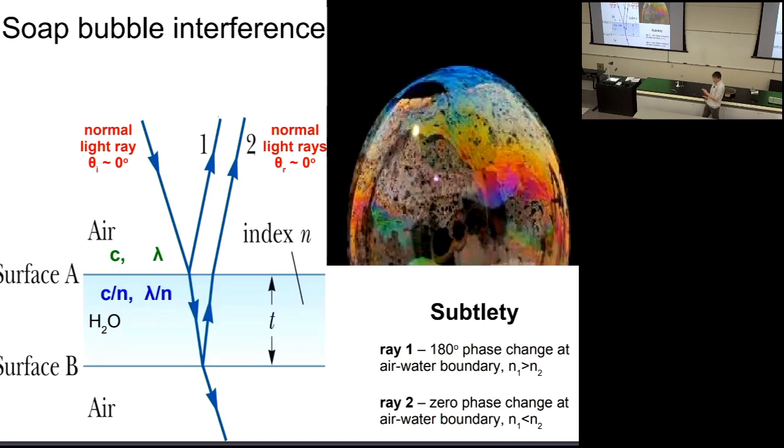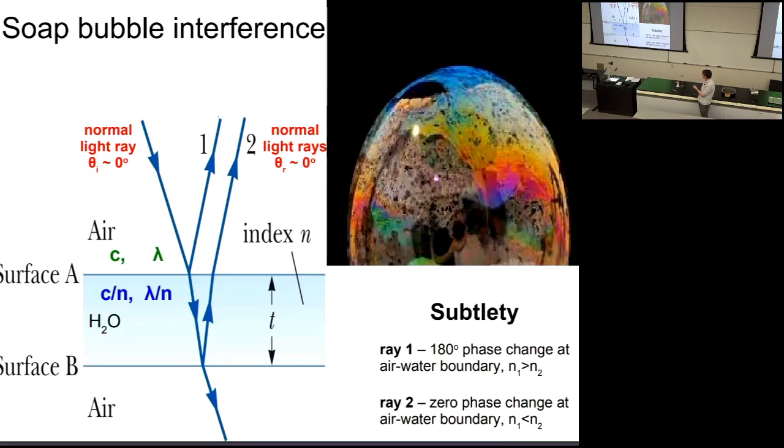There is one bit of a subtlety there. Remember that light, when it enters into a medium, here we've entered into the water, or it enters into the glass, its wavelength changes. Its wavelength changes by this factor, the refractive index of the medium, the water or the glass or whatever. And so this extra distance has to be a whole number of wavelengths for constructive interference, but it's wavelengths in the water.